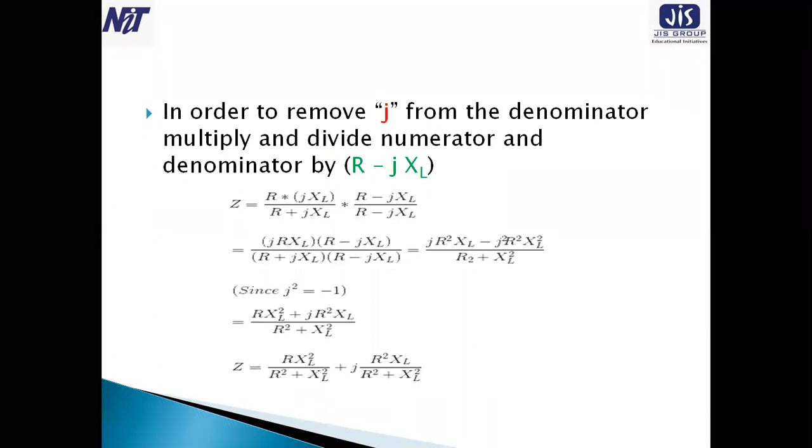In order to remove j from the denominator, multiply and divide the numerator and denominator by R minus jXL. Up to this, I think no problem with anyone. This part we already calculated in the previous figure.